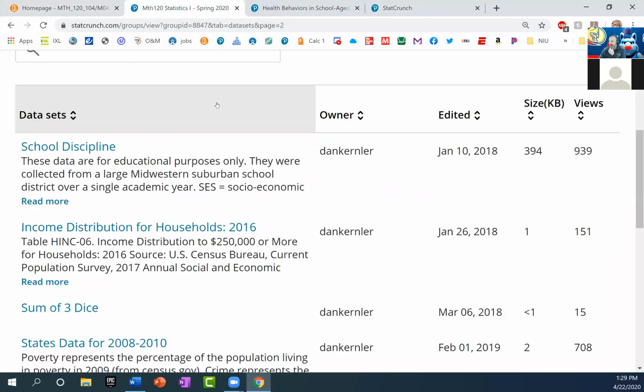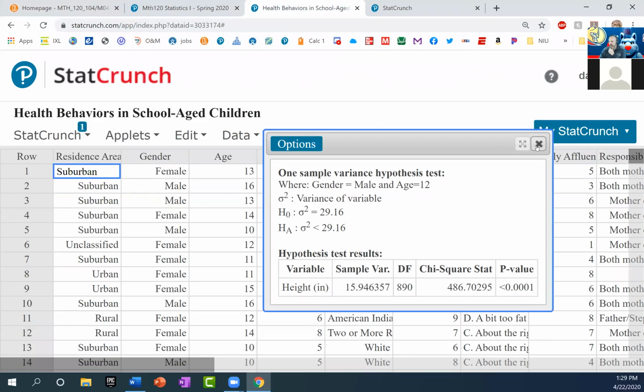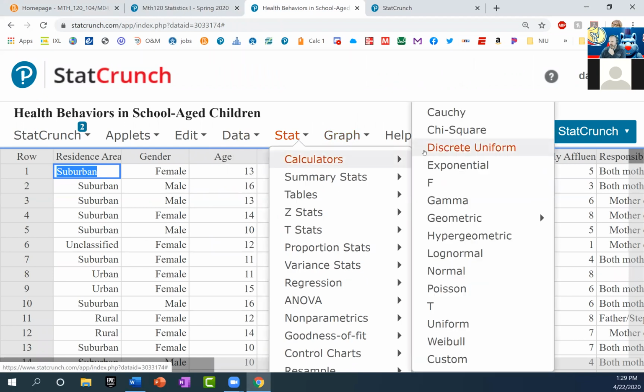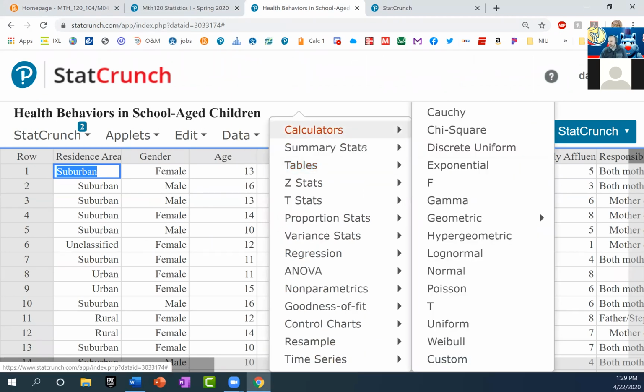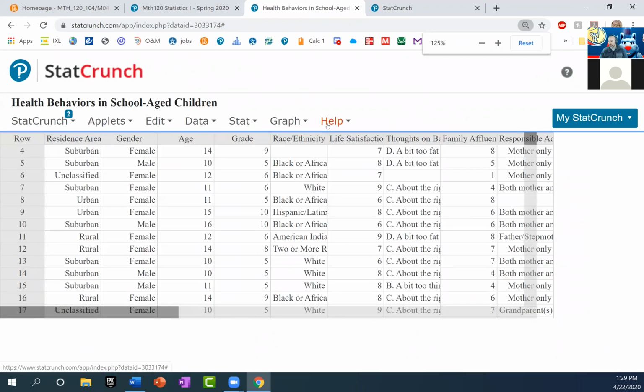I'm trying to think of a way to show that. If we do a binomial probability, whoa, why won't it show? Where did the binomial go? Oh, it's up above. Oh, that's annoying.